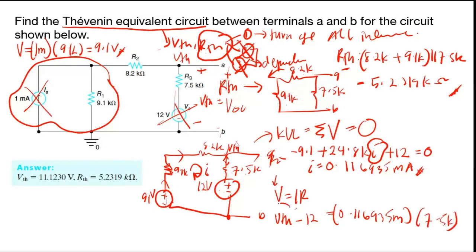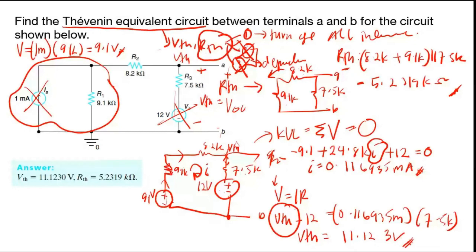When you calculate for VTH, just rearrange the equation, and you get the value 11.123 volts. All right, so this is your VTH.